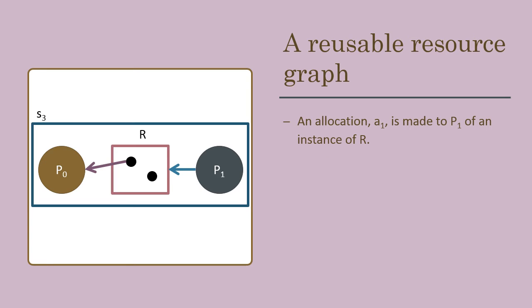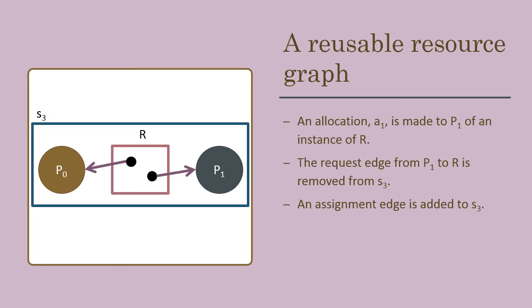An allocation A1 is made to P1 of an instance of R. The request edge from P1 to R is removed from S3. An assignment edge is added to S3. The state of the system is S4.